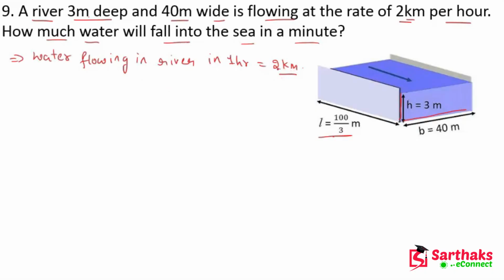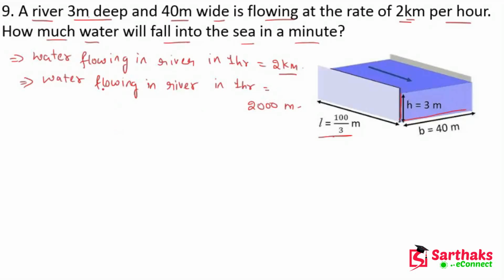This is in kilometer, so we have to convert it into meter. So we can write water flowing in the river in 1 hour is equal to 2000 meter. We know that 1 kilometer is equal to 1000 meter.